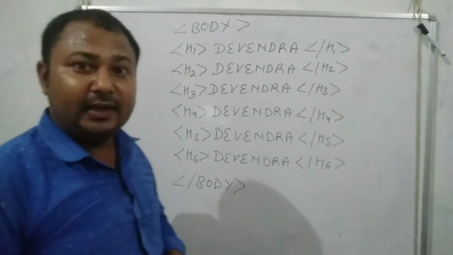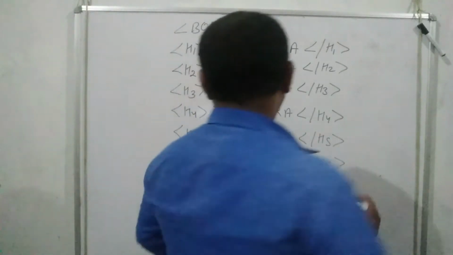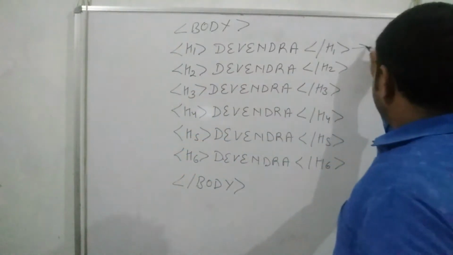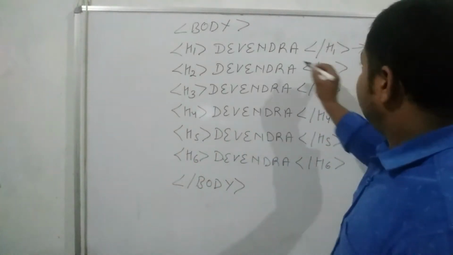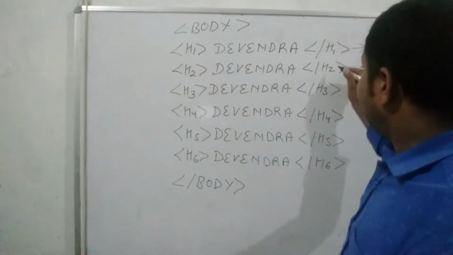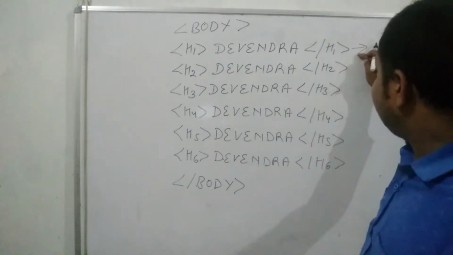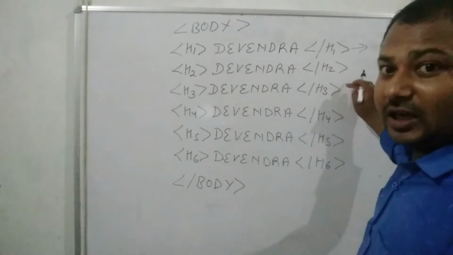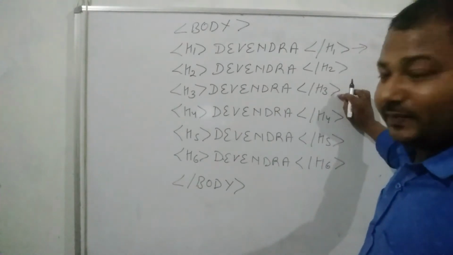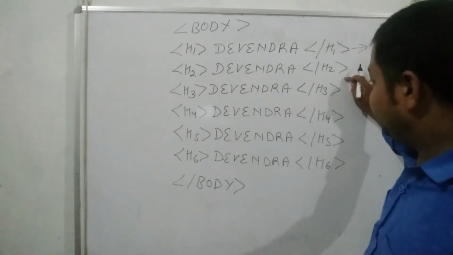My dear student, the output of the H1 heading will be bigger, the biggest, and the H2 heading will be less big than H1. H3 heading will be less than H2.